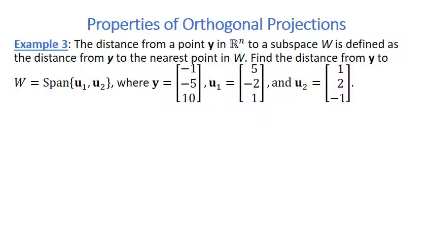The last example that I'm going to show you in this section is how to find the distance from y to W. That is going to utilize the information that I just showed you for the best approximation. So let's go ahead and use the best approximation theorem.